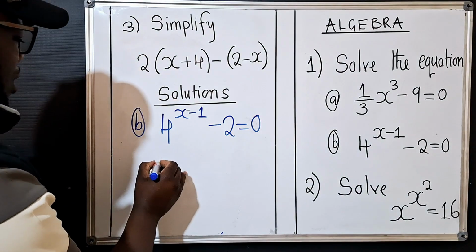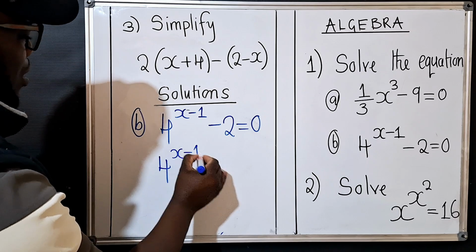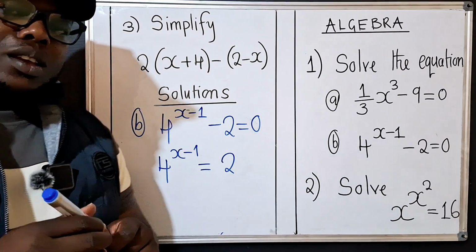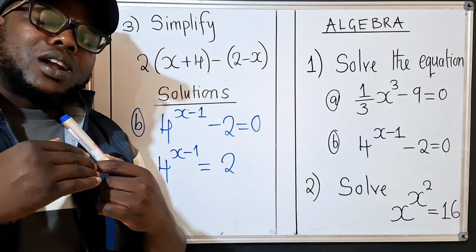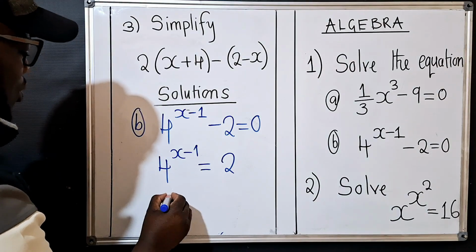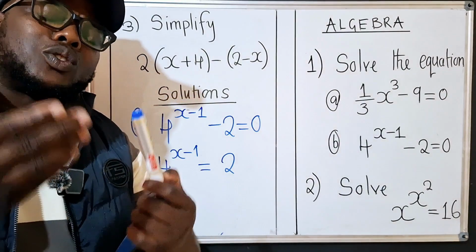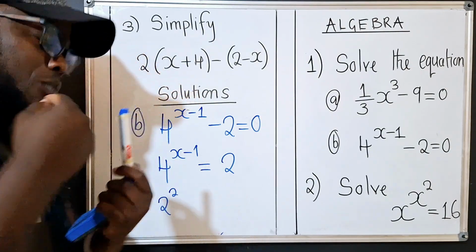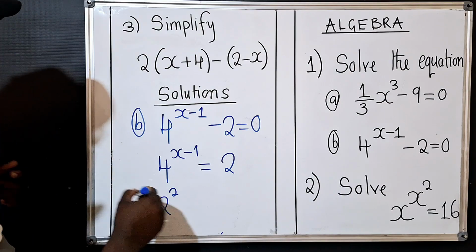And this would be 4 power x minus 1 is equal to 2. So we've done this, we've grouped the like terms. We now balance the bases. This 4 can be written as 2 power 2. When you say 2 power 2, it will give us 4, because you are multiplying 2 by itself. 2 times 2 will give us 4.